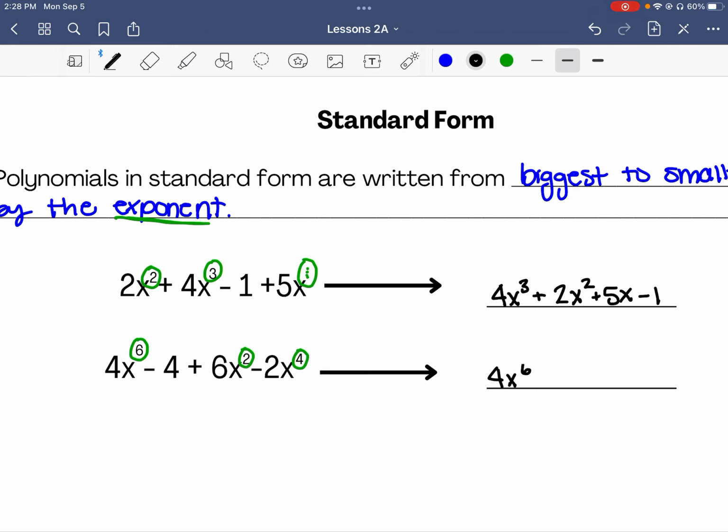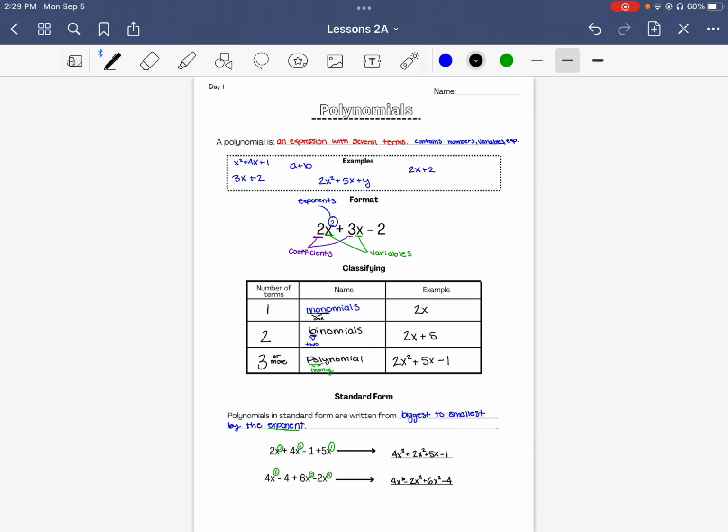So it's going to be 4x to the 6. And we have this one right here. Remember, we have to also bring the sign. So this one's -2x to the 4th. Then we have this one right here, plus 6x squared. And then lastly, our last one is -4.